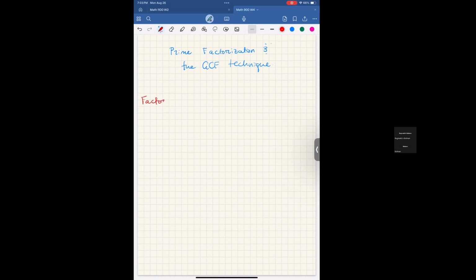A factor is a number which divides another number evenly. So we would say a number which divides another number evenly is a factor.